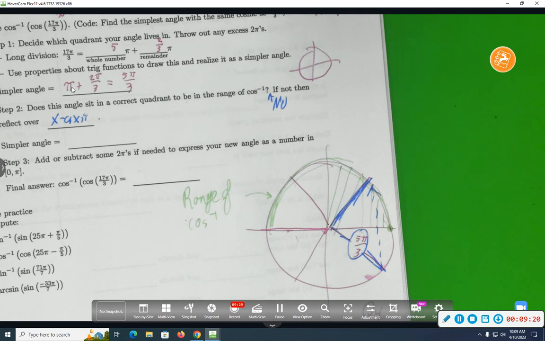If you reflect over the y-axis, what does that do to an angle? You replace this angle by that angle. What does that do to the angle? Makes the x negative. What does it do to theta? Well, those 2 angles are the same, right?